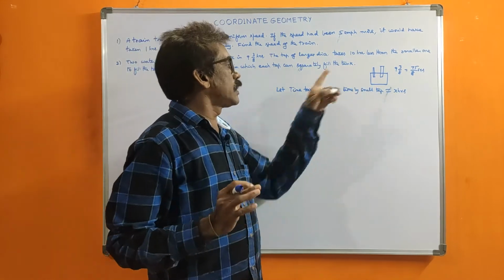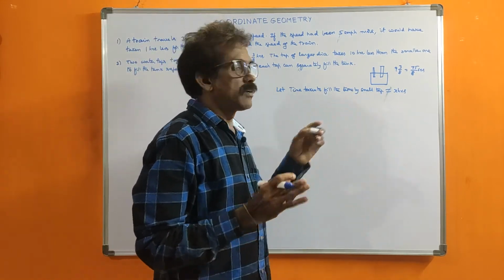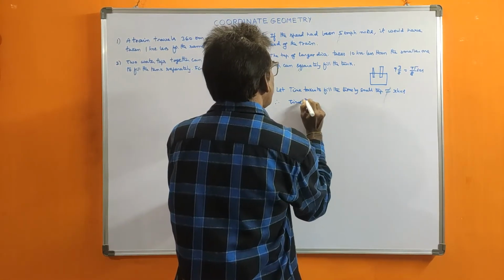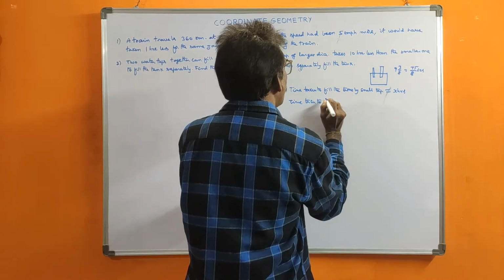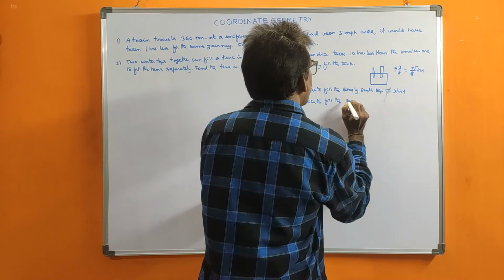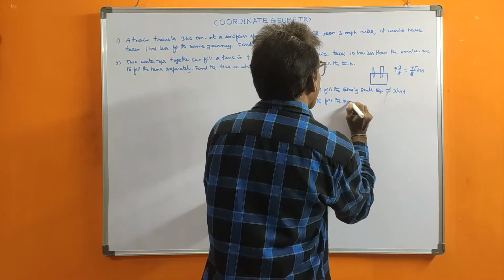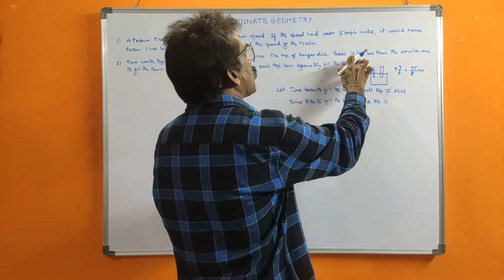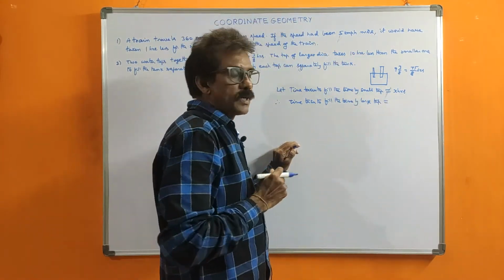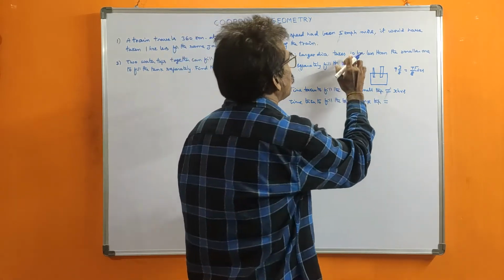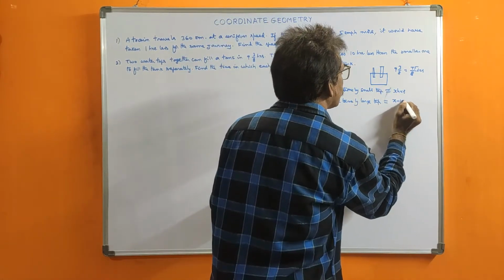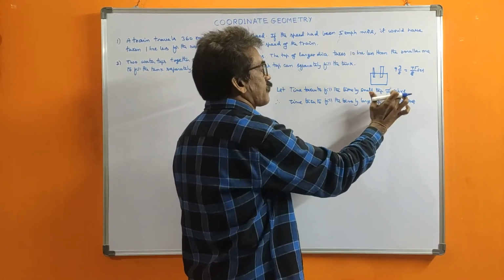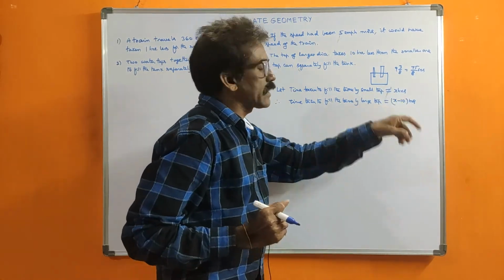Suppose only the small tap takes x hours, then the time taken to fill the tank by the large tap, how much? 10 hours less time it will take. The small tap takes x hours, so the large tap will take x minus 10 hours.